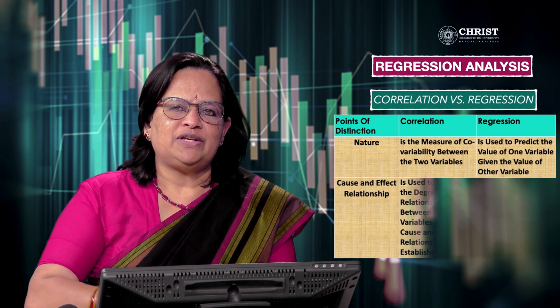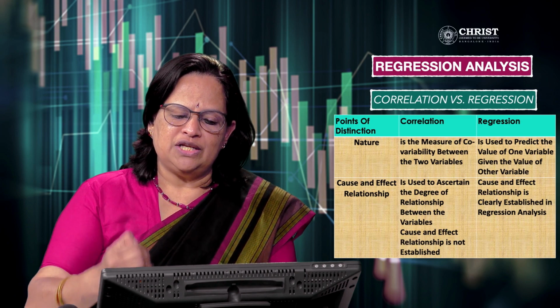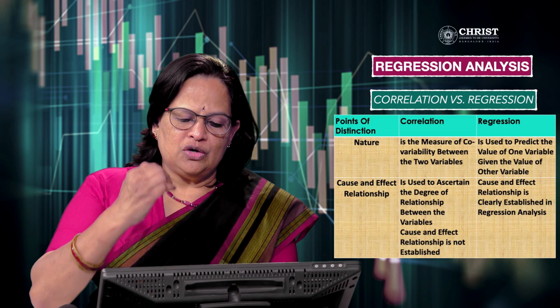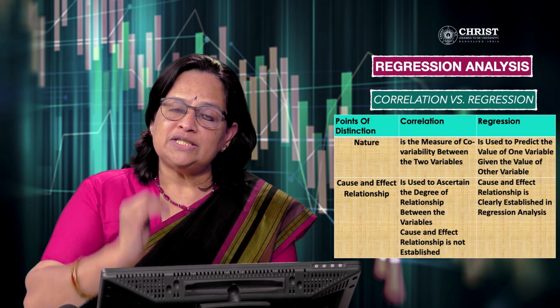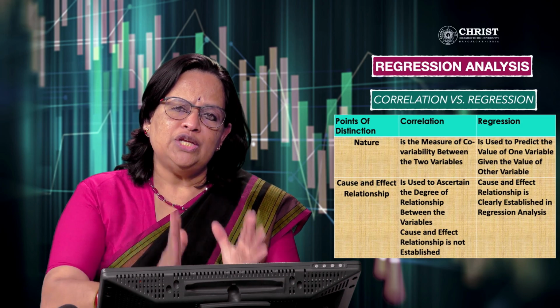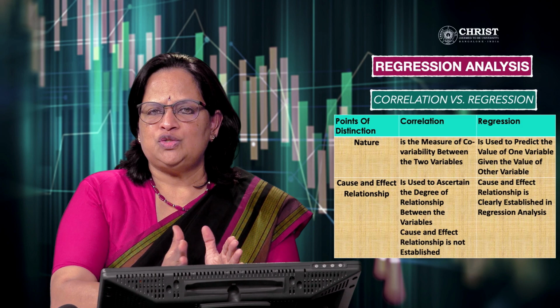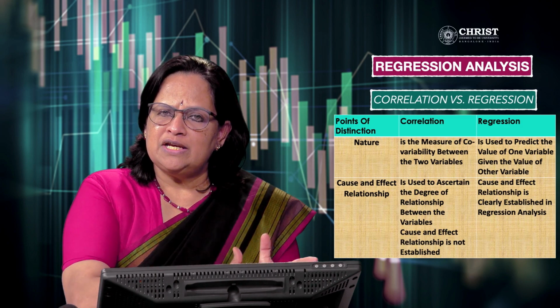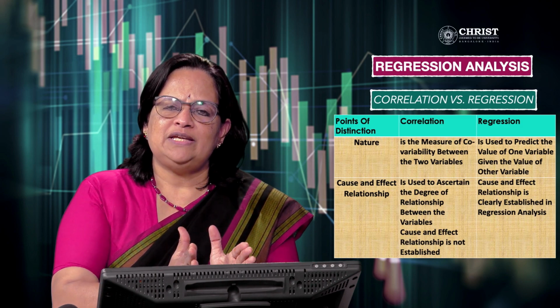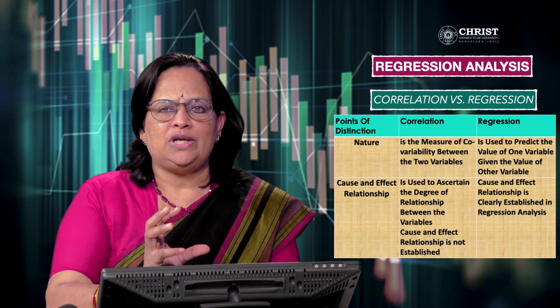Next is cause and effect relationship. Correlation is used to ascertain the degree of relationship between the two variables. Cause and effect relationship is not established in correlation. Please remember that correlation is only to measure whether two variables are related or not. Sales and advertisement, income and expenditure, income and savings, whether these variables are related, that we will establish through correlation.